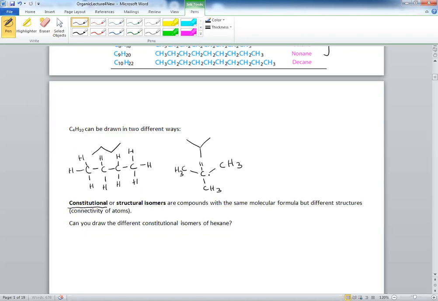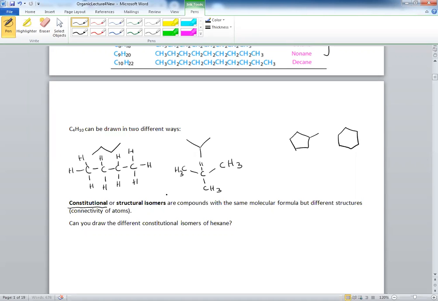So for example, the C in the middle here is attached to 3 carbon atoms versus, if you notice, the ones in the middle here are only attached to 2, etc. And these are called constitutional isomers. So for example, here's another constitutional isomer. You may not be able to see it, but this and that, you should check. They actually have the same molecular formula.